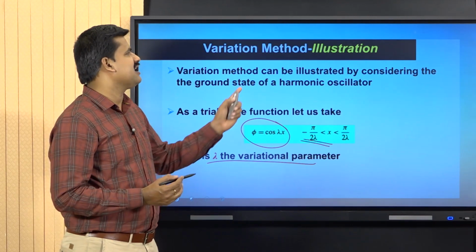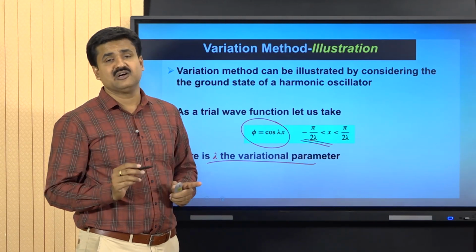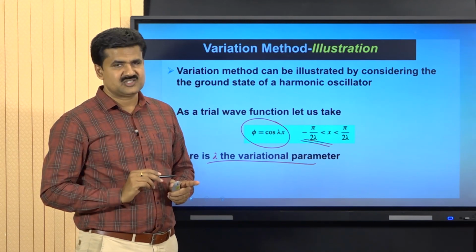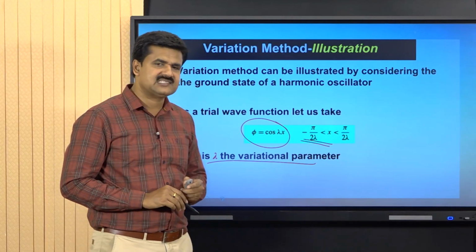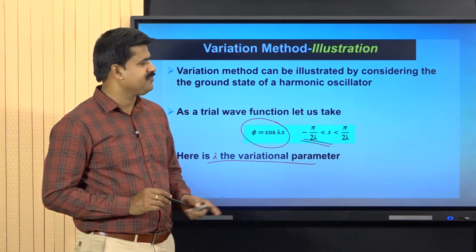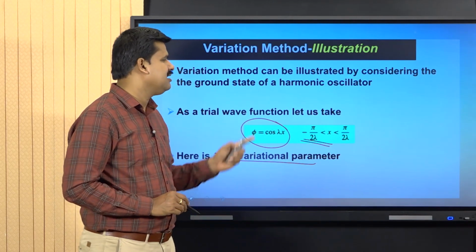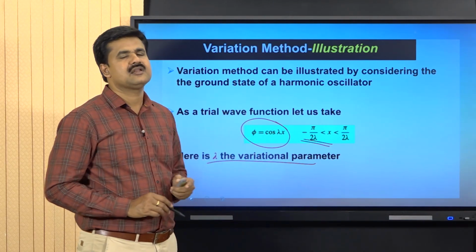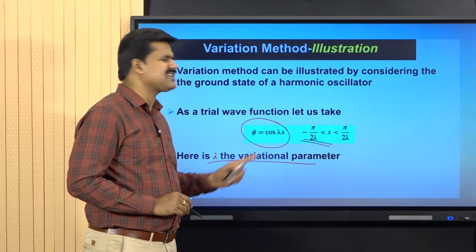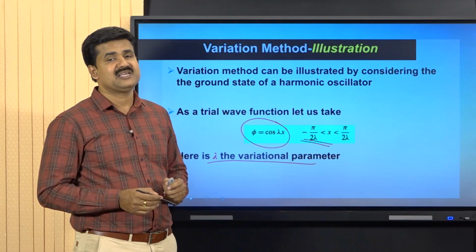So, we have a 1D harmonic oscillator. I took a trial wave function that better describes the 1D SHO, phi equal to cos lambda x, where lambda is the variational parameter, and x ranges from minus pi by 2 lambda to plus pi by 2 lambda.